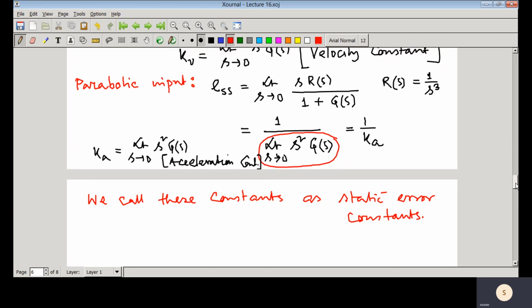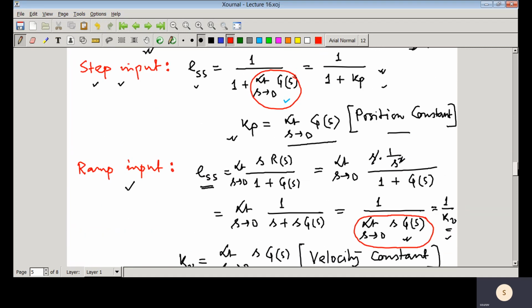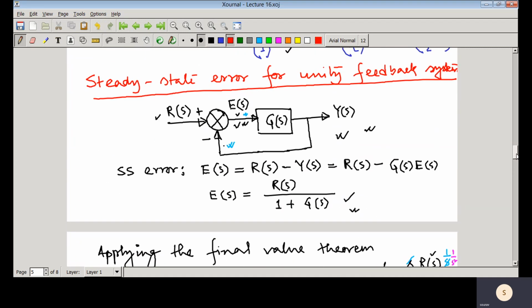Now there is an important definition. If you look at the unity feedback system, we define how many poles are at the origin. The number of poles at the origin is known as the type of a system.